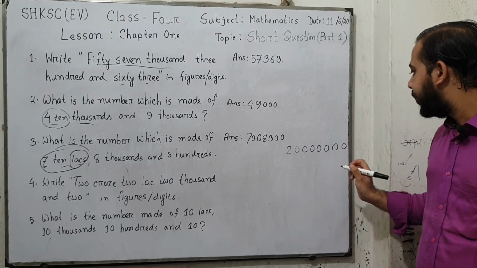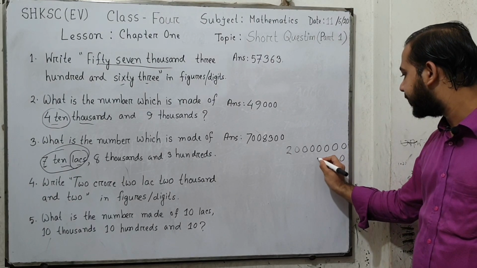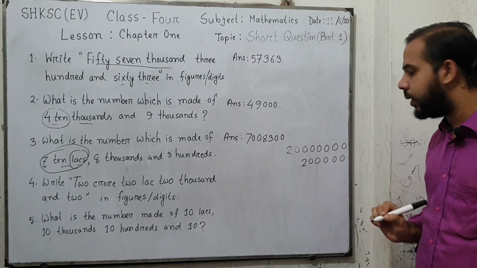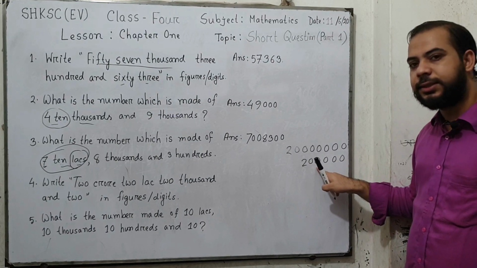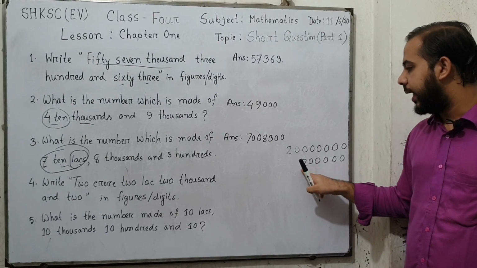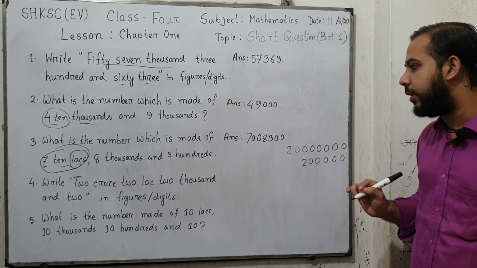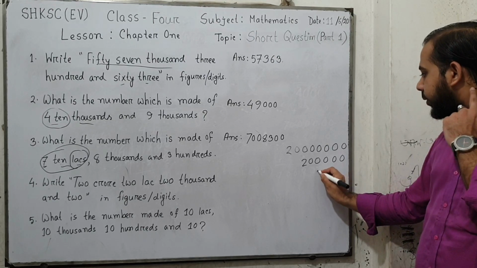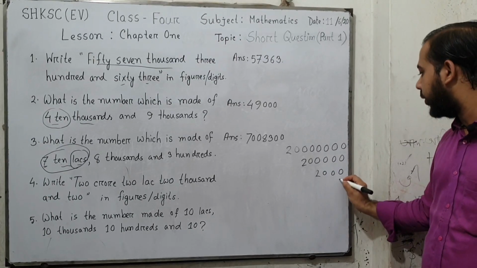Then 2 lakh. So how do we write 2 lakh? We know at first 5 zeros and then 2. So it will be 2 lakh. Now 2000. So at first we have to write 2 and then 3 zeros. So it will be 2000, and finally 2, only 2.